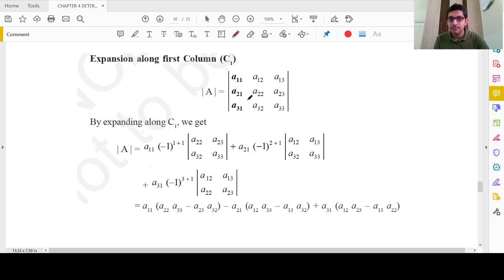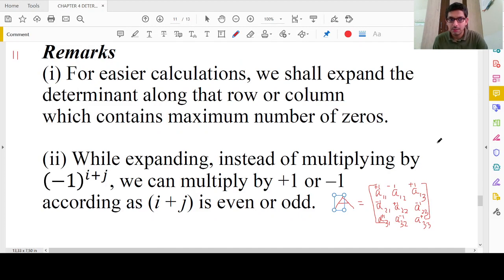Plus then the second element of the first column, minus 1 to the power 2 plus 1, determinant of A12, A13, A32, A33. Then the third element of the first column, minus 1 to the power 3 plus 1, A31, the determinant obtained by deleting third row, first column, so that is A12, A13, A22, A23. So expanding along any row or any column, the value of the determinant will be the same.